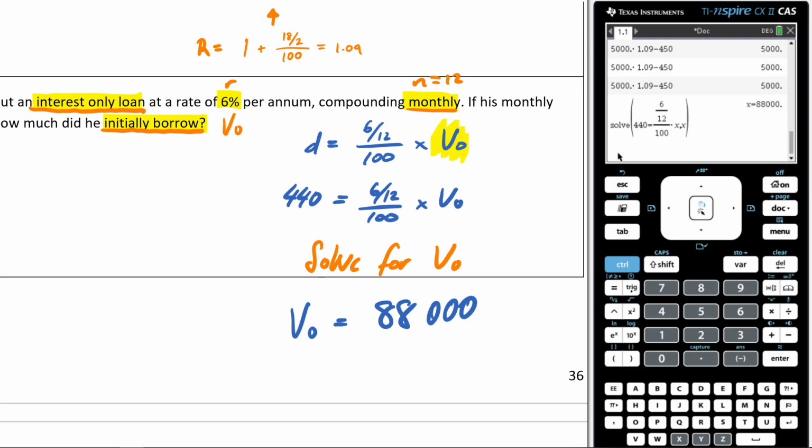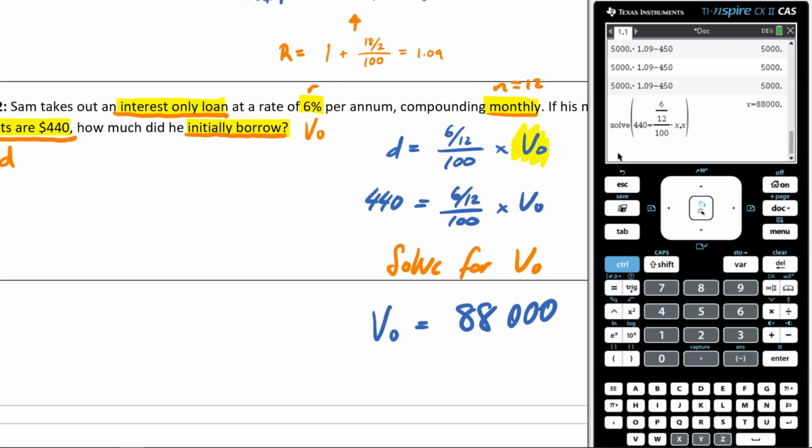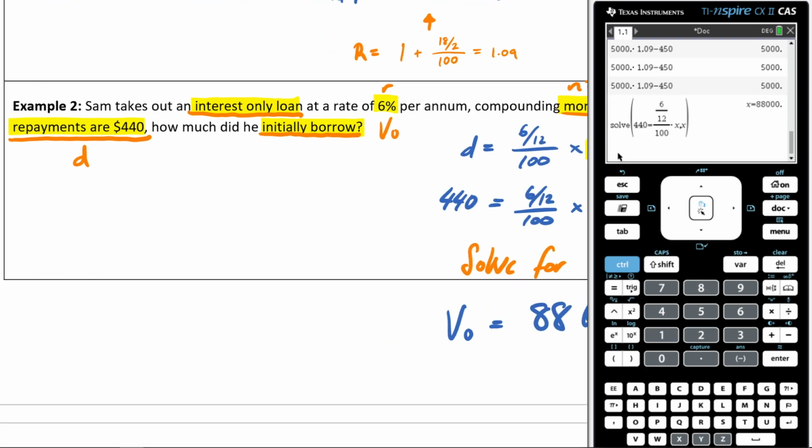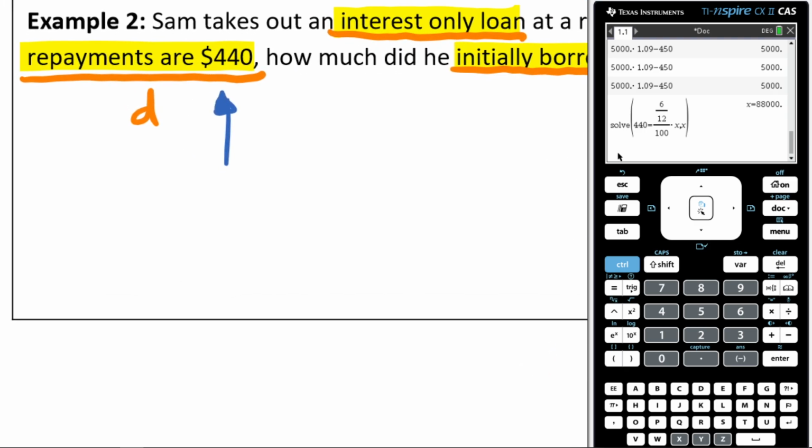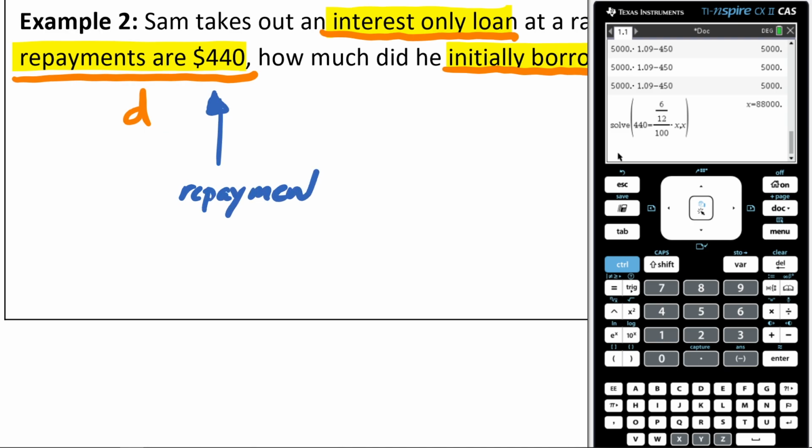Before we go on, I just want to say one thing, and that is, it's really important for you to understand that when they've told us that this is the repayment, they've told me that this 440 is the repayment. Well, if this is an interest-only loan, you need to understand that the repayment is going to be the same as the interest.